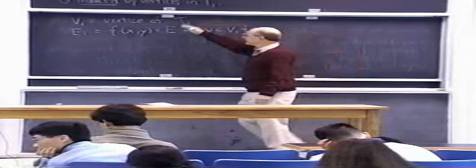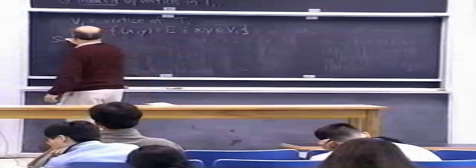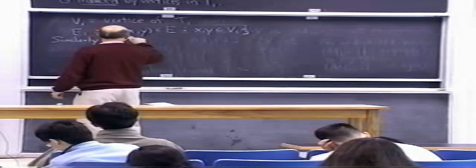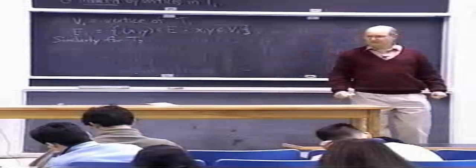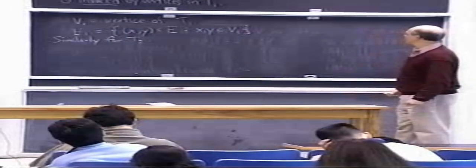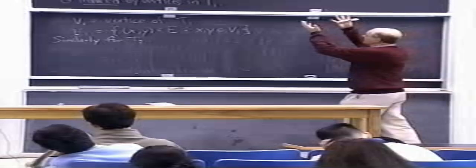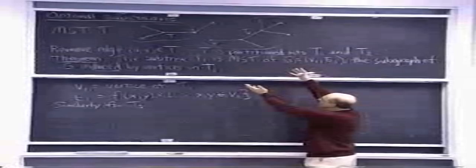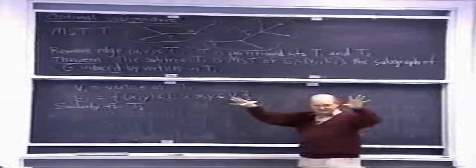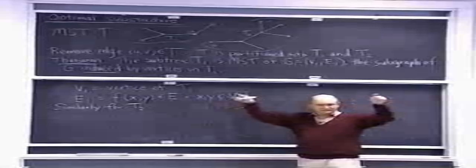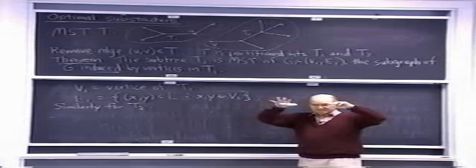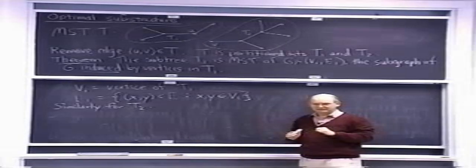Okay, and similarly, I could say the same theorem for T2. Okay, so it says that we have an optimal substructure because if I look at the minimum spanning tree for T, in there are minimum spanning trees for subgraphs. That's an optimal substructure property.